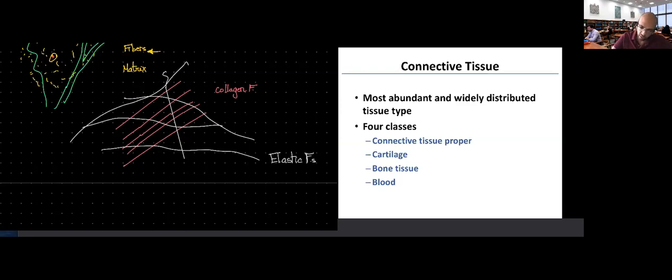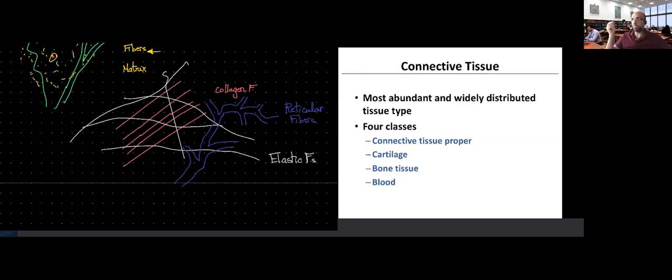A third type are short and branching fibers. Those are called my reticular fibers.